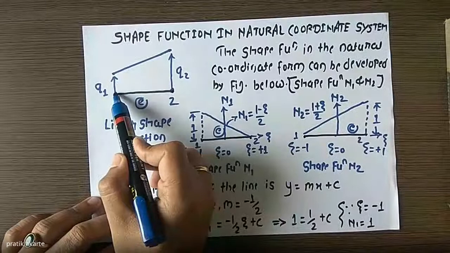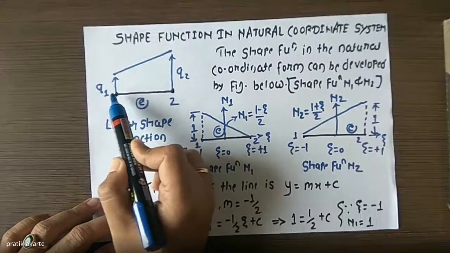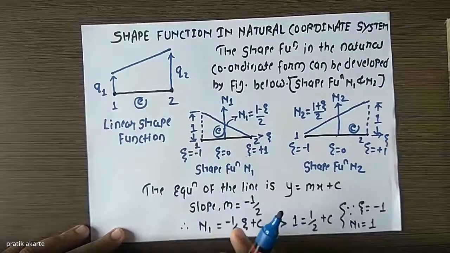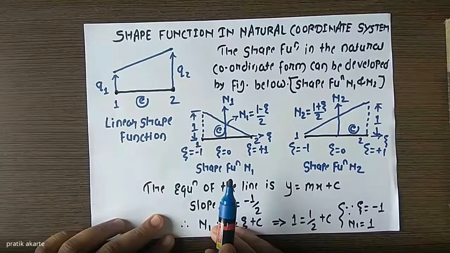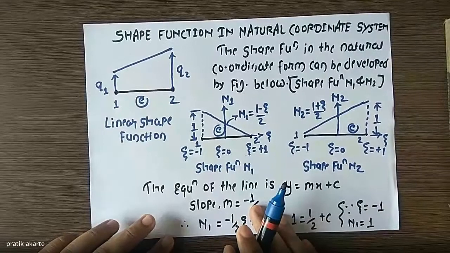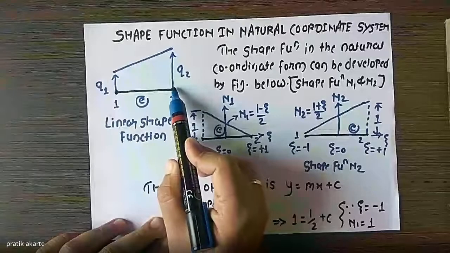Field variable means, let us say, displacement. If you are fixing this node, you know that the displacement at this node is going to be 0. You are applying some load over here, so you will know what the displacement will be. With the equation available with you, you can find out the displacement.